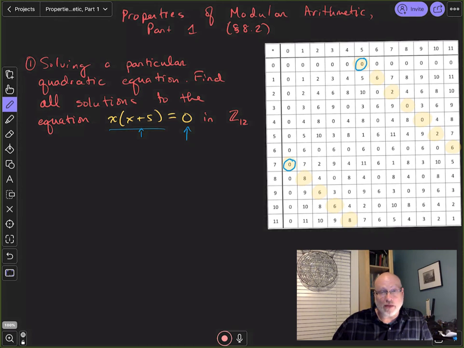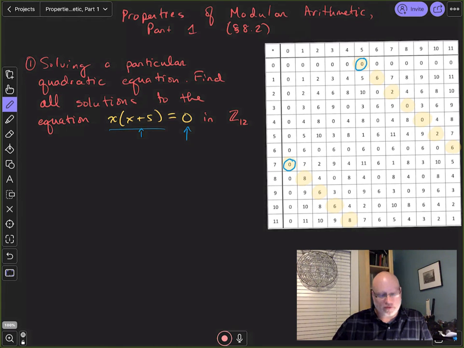But -5 mod 12 is actually 7. If you're not sure about that, think about how that would work. Basically, 5 before 12 would be 7, if we're going backwards around this kind of circle. So those two kind of make sense.